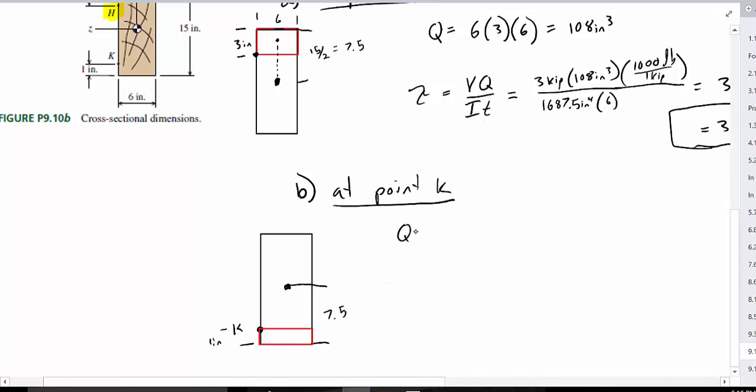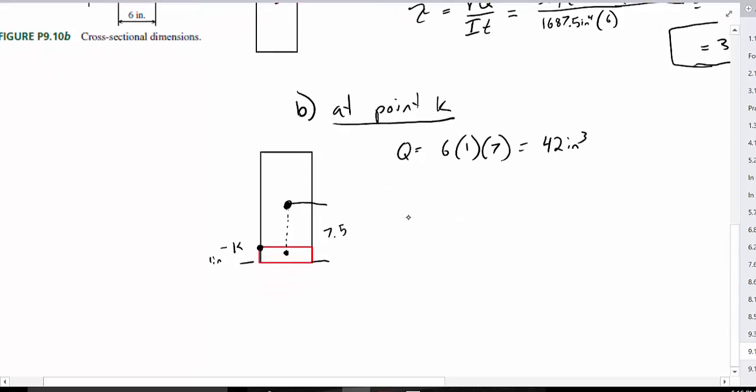So Q equals 6 multiplied to 1, and if it's 1 inch halfway through there, our y sub I from the centroid of the whole member to the centroid of the area that we're analyzing is going to be 7 inches.